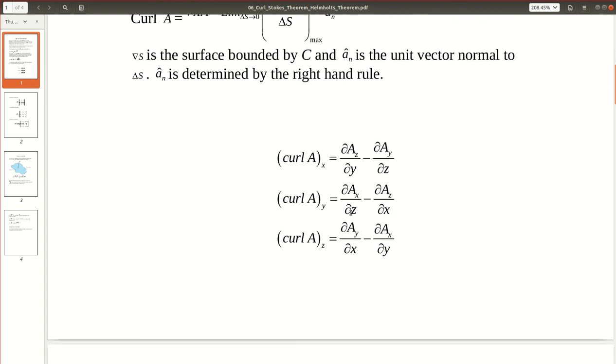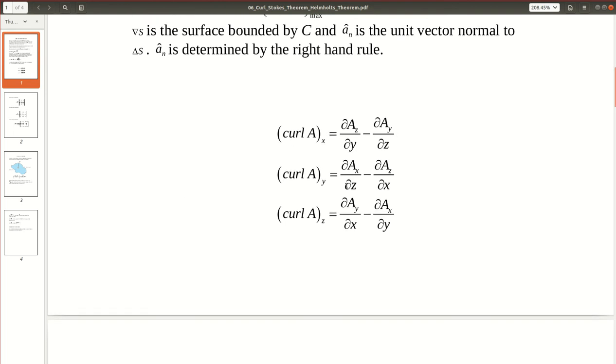So the curl of A in the X direction means you take the partial differentiation of AZ over delta Y, and of AY over delta Z, and in each one you take the other two.